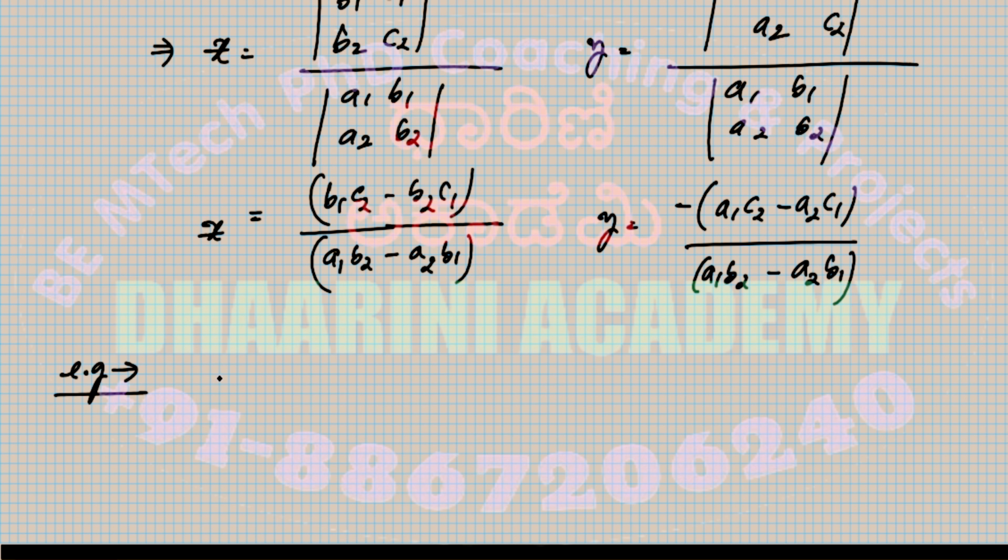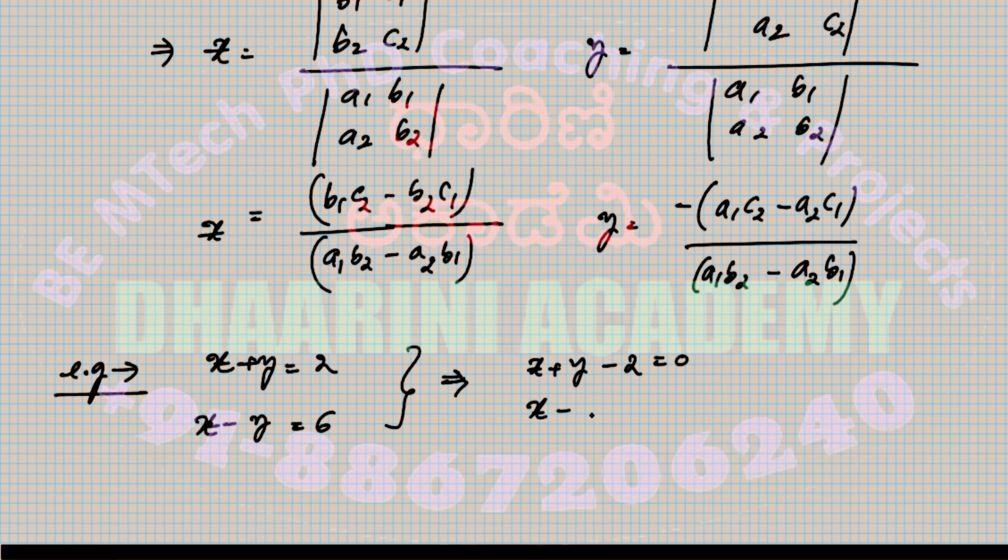So solve x plus y is equal to 2, x minus y equal to 6. I have to convert this into the required format first. So this is x plus y minus 2 equal to 0, then x minus y minus 6 equal to 0. So a1 is 1, b1 is 1, c1 is minus 2 from the first. Then a2 is 1, b2 is minus 1, c2 is minus 6.